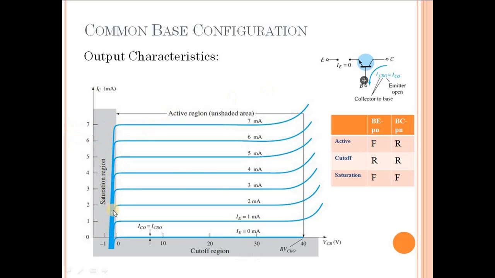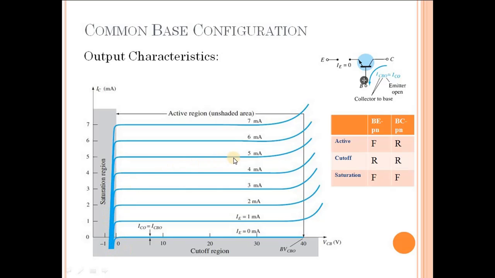And in this region, if you see the curves, for any value of IE you take, let's say IE equals 3 milliampere, here IC increases exponentially as you increase VCB towards 0.